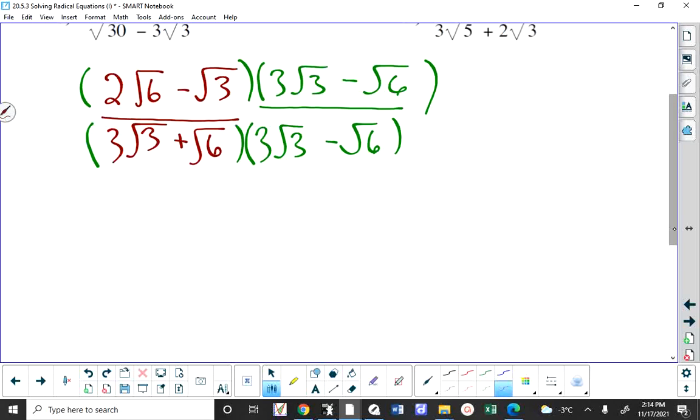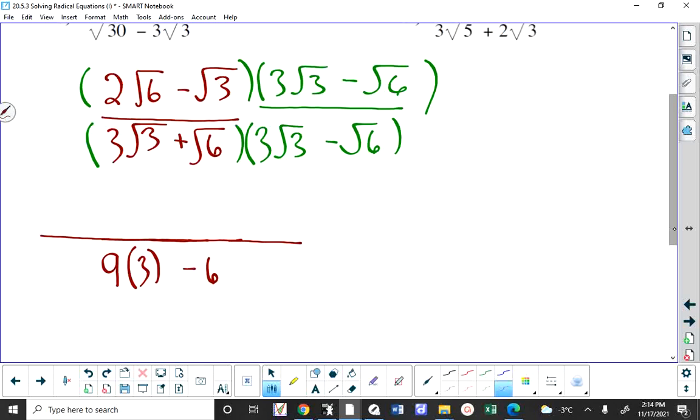So 3 times 3 is 9, times root 3 is 3. And then I have root 6 times negative root 6, which will be negative 6. So I'm going to get 21, I think, on the bottom when I work out what 3 times 9 minus 6 is.